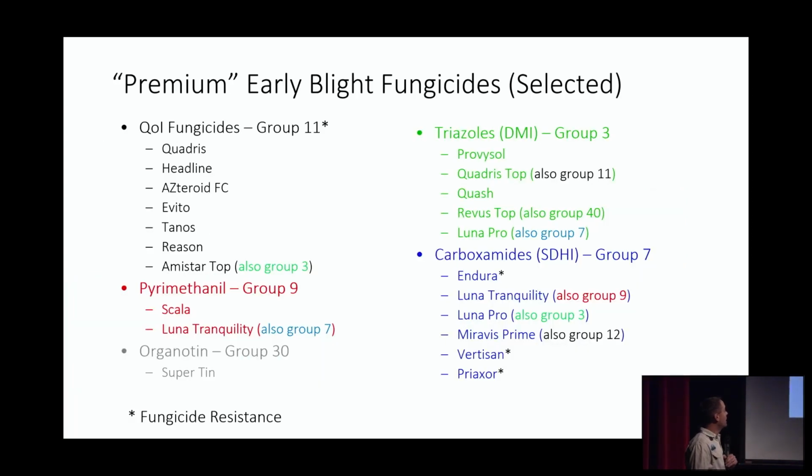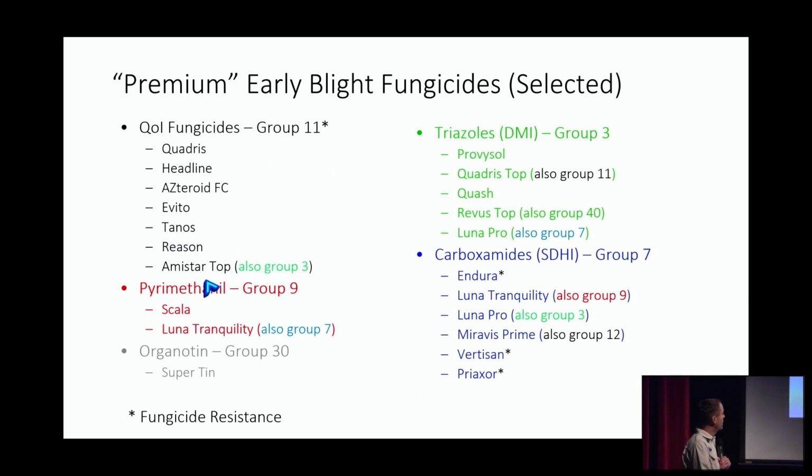So we have left our protectants off of this list here. We're just looking at the premium fungicides. We do have some that have some activity. Luna Tranquility has Scala in it. Super 10 is effective in controlling early blight, although it is very toxic to work with. So we have these group 11s, which there's a lot of resistance to.